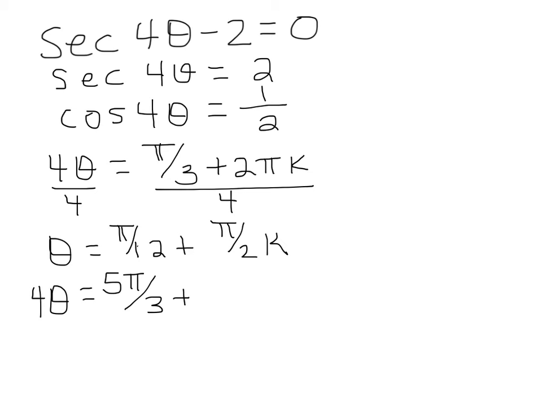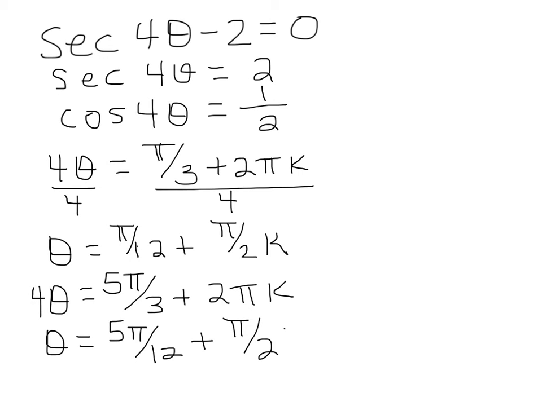And that's 4 theta is equal to 5 pi thirds plus 2 pi k. So theta, divide both sides by 4, would be 5 pi over 12 plus pi halves k. So if we're asked for all of the solutions to that equation, we are done.